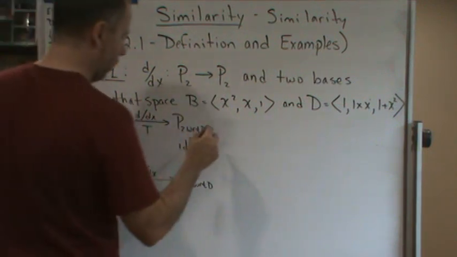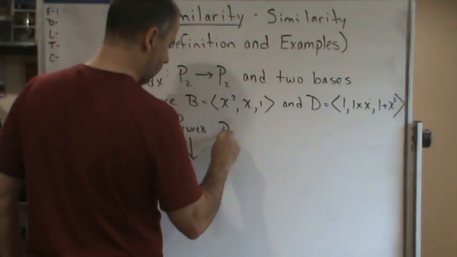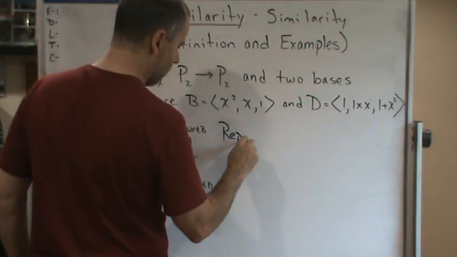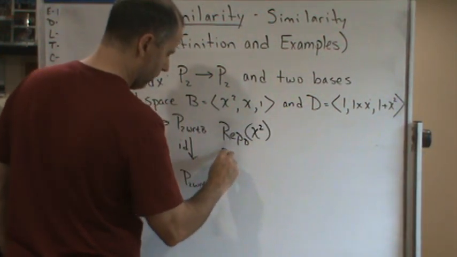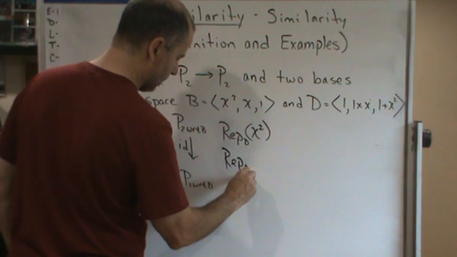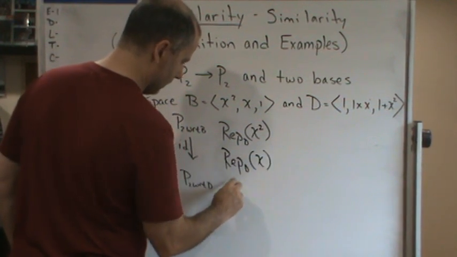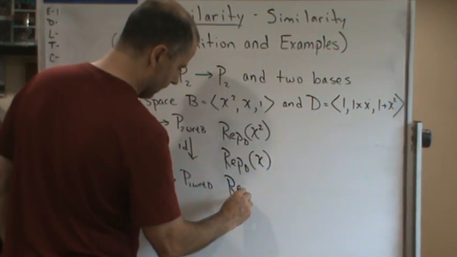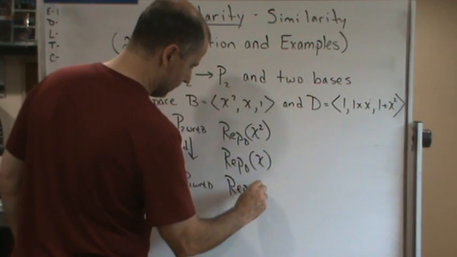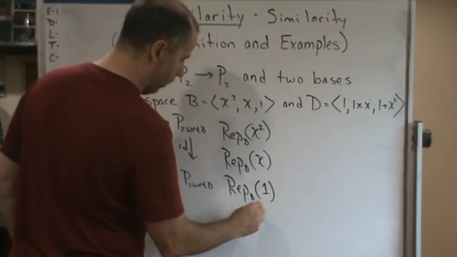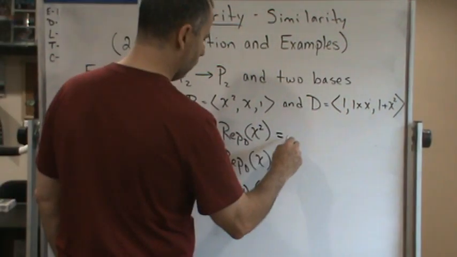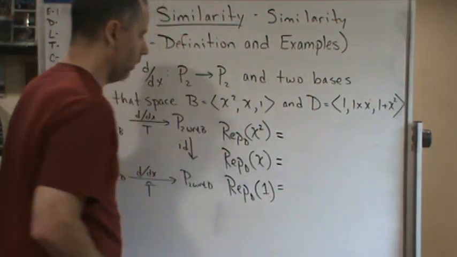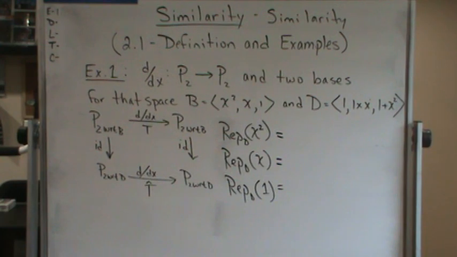So we need the representation with respect to D of x squared, the representation with respect to D of x, and the representation with respect to D of 1. What are those going to be?